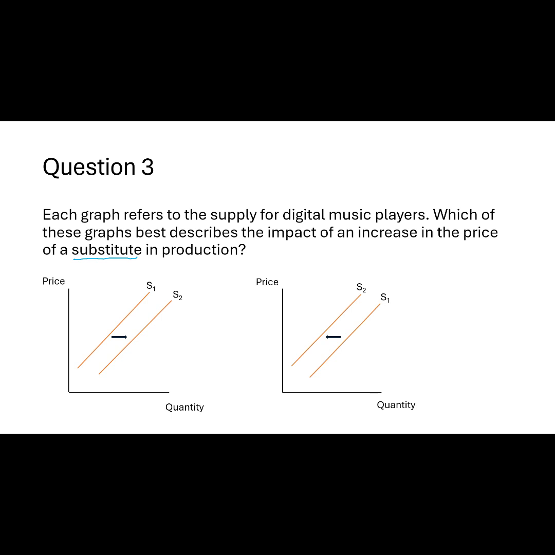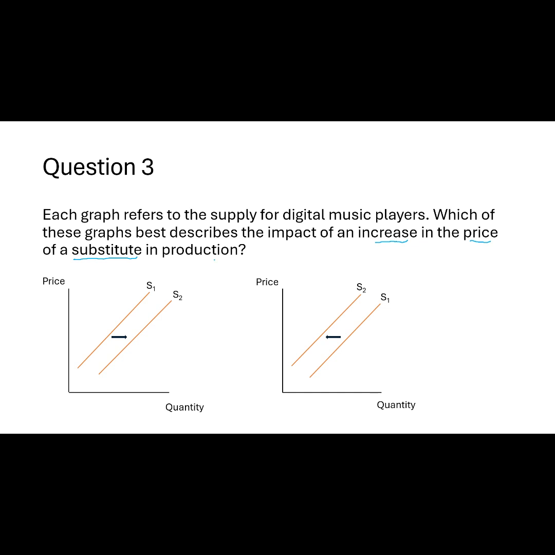So in this case, we have digital music players. And we're talking about the entire supply, but there's obviously very many brands. Some brands are more expensive, some are very cheap. So in this case, we have the increase of the price of a substitute in production.